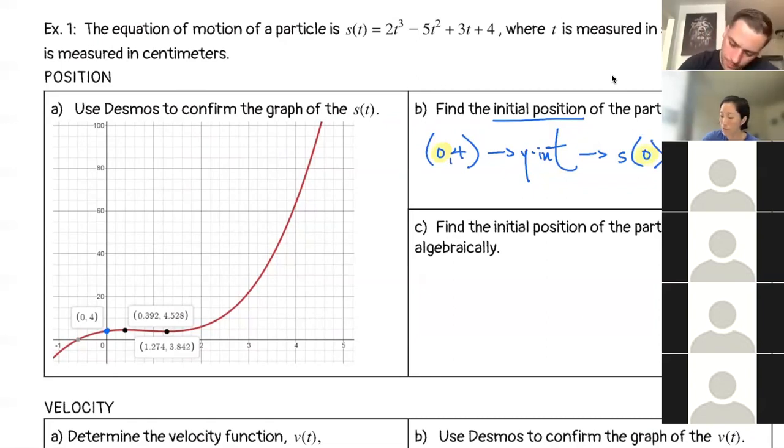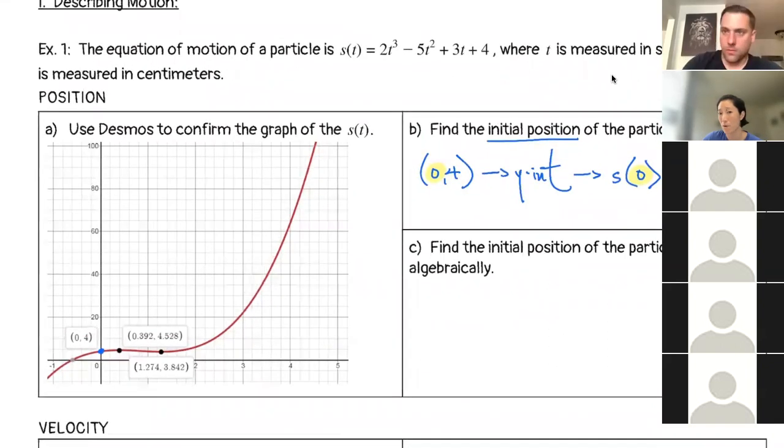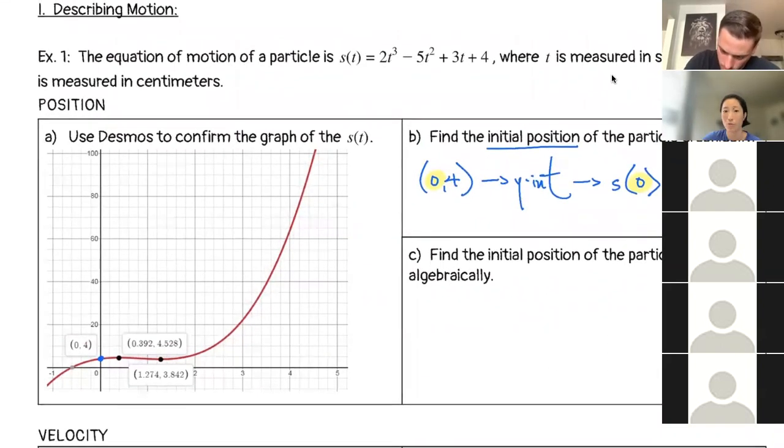Now, in true Judy fashion, I also want us to know, how can we find the initial position of the particle algebraically? So let's pretend for a moment we didn't have this lovely graph with points on it already. How would we find this initial position algebraically? All right, I love it, I love it. Initial position means t equals 0. And so we are going to do exactly that.